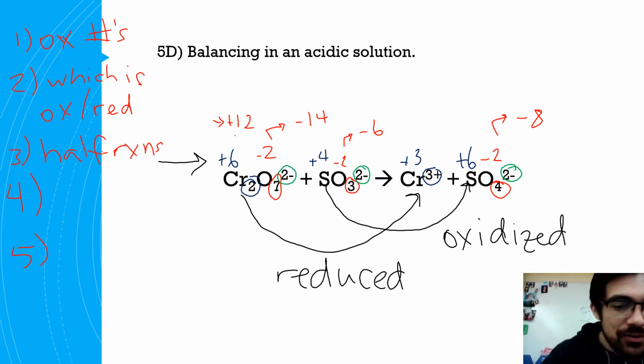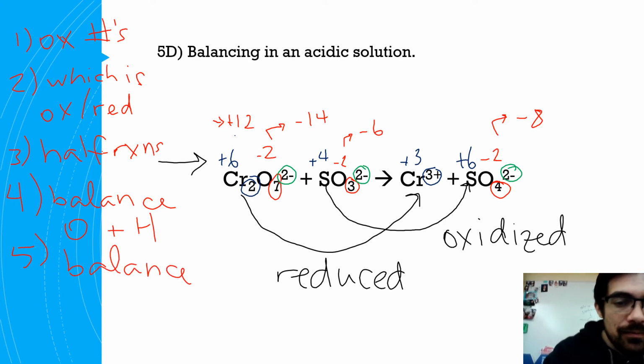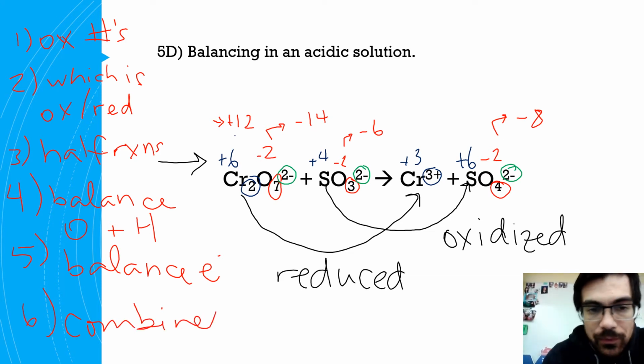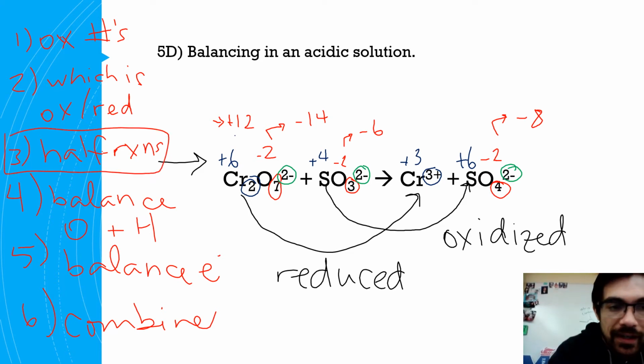We are going to balance oxygens first. My mistake. Balance the oxygens and hydrogens, then we balance electrons, and then combine. Okay, so those are our goals and where we need to get to. So next, let's move on to the third step of writing a half reaction.